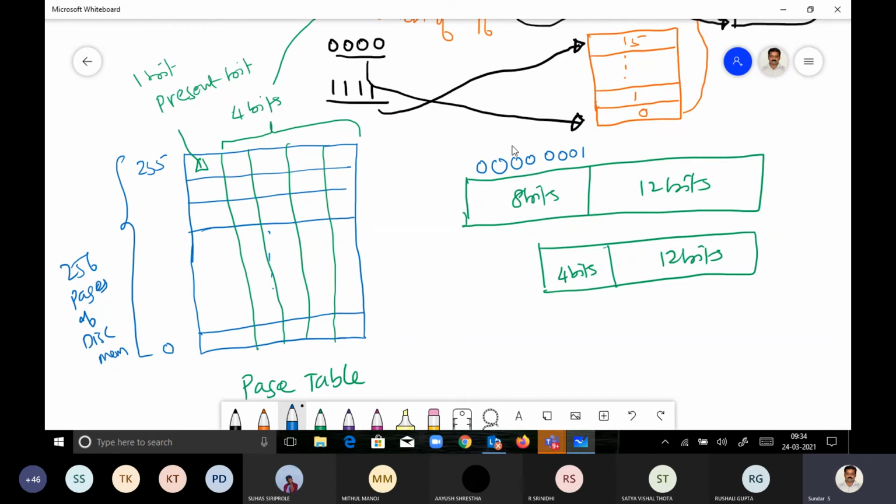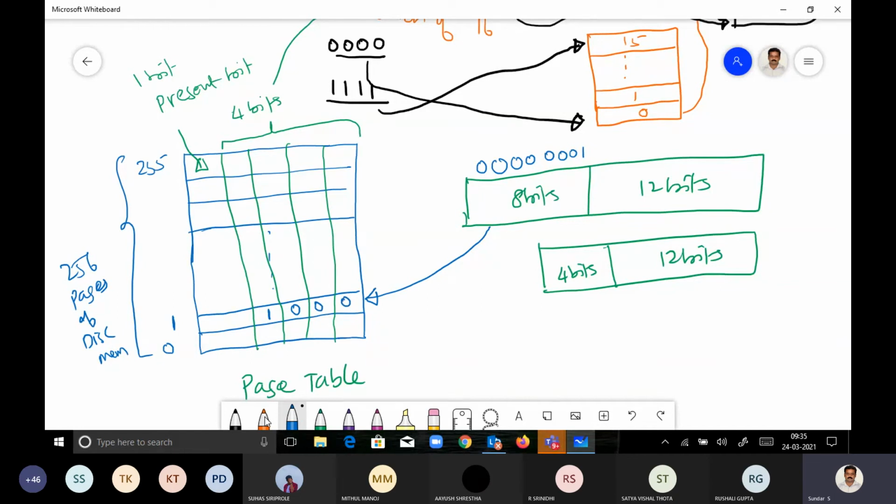So this is referring to this, agree? This combination is referring to this place. Now in that, suppose the entry is something like this.